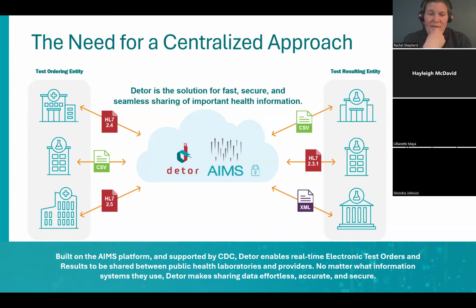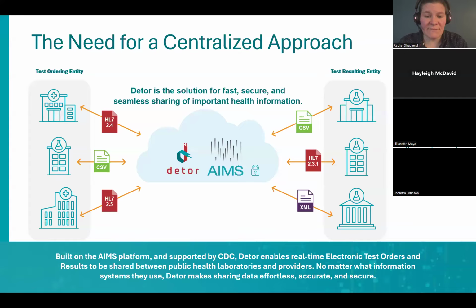The other benefit is that every organization is able to use their native and preferred messaging format. So there's no need to negotiate and build to anyone else's standards. As soon as an order is generated in, say, a hospital's EHR, it is sent directly to Detor, where that message is translated to the format required by the receiving public health laboratory. They get that order in their language, so to speak.